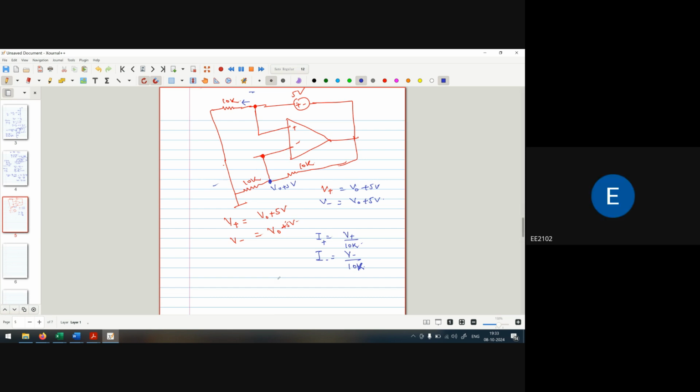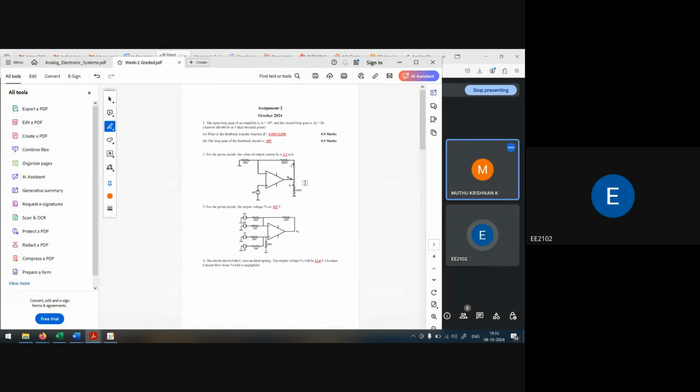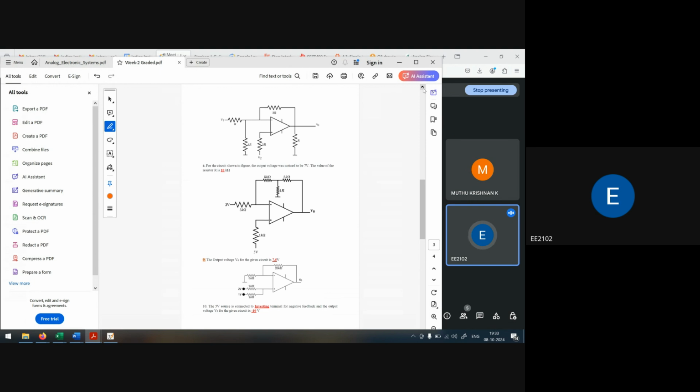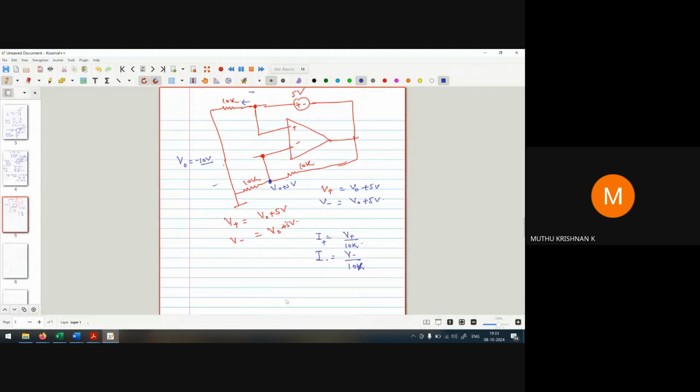No, it is given in the question; you have to calculate the VO next. We don't know the value of VO. It actually doesn't depend on the orientation. I'm not considering V naught right now, I'm just considering V plus in terms of VO.